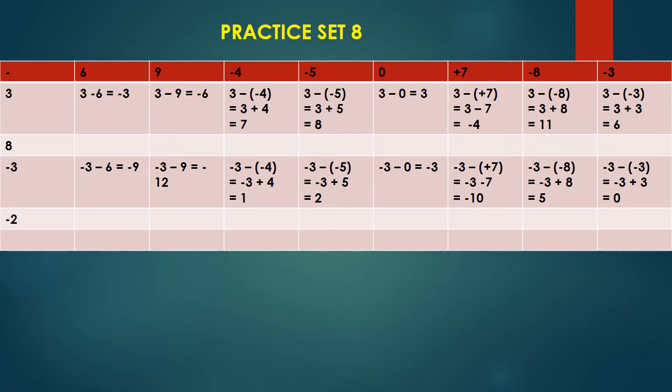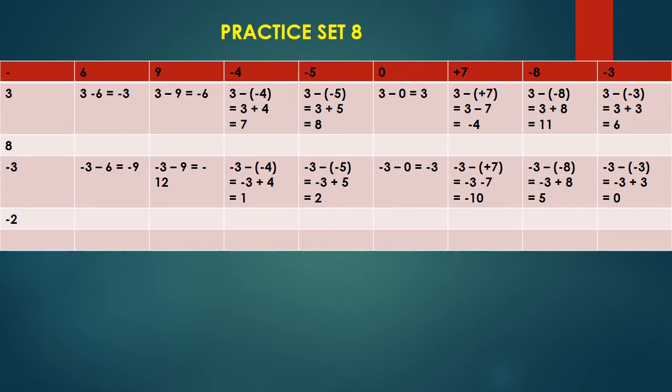Okay, now 3 minus minus 8, it will become 3 plus 8, so the answer will be 11. Then 3 minus minus 3, then it becomes 3 plus 3. How does it become 3 plus 3? Minus 3 and the sign outside the bracket is minus. So minus minus becomes plus. So 3 plus 3 is equal to 6.